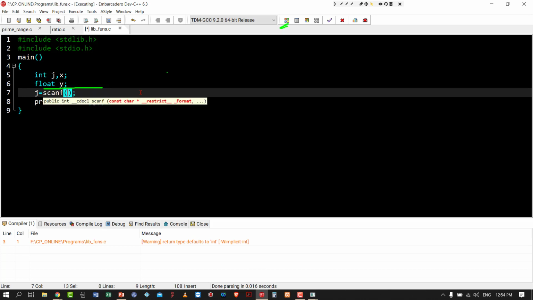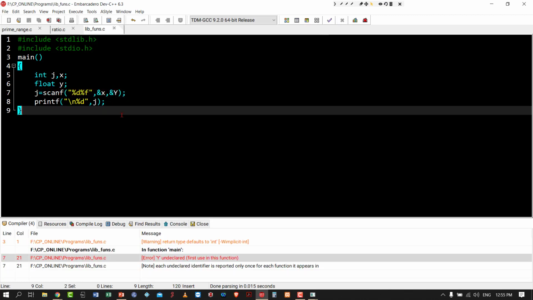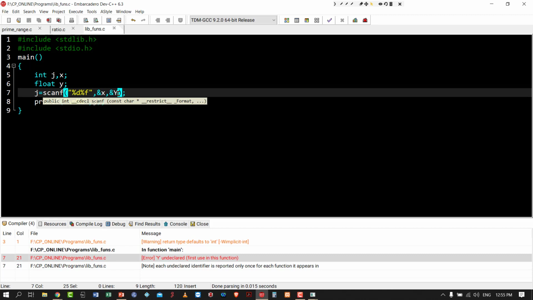I am reading the integer value x, then I am reading the floating value y, so I am using percentage d, percentage f, then ampersand x, comma ampersand y. So I am executing the program. Some more error is there, y undeclared. This is small y, not capital Y.